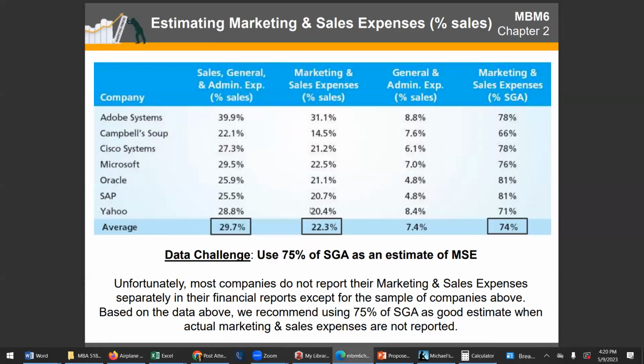I think that is a fair way to think about MSE, or marketing and sales expenses, if you're analyzing your business or any business and you're able to get your hands on the SG&A percentage. A fair estimate of the marketing and sales expenses would be 75% of SG&A.